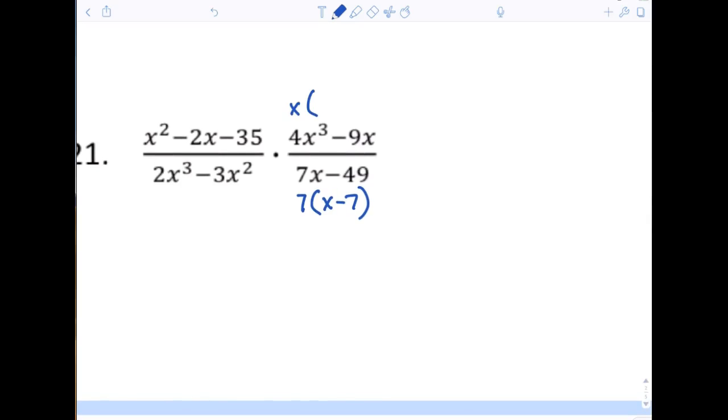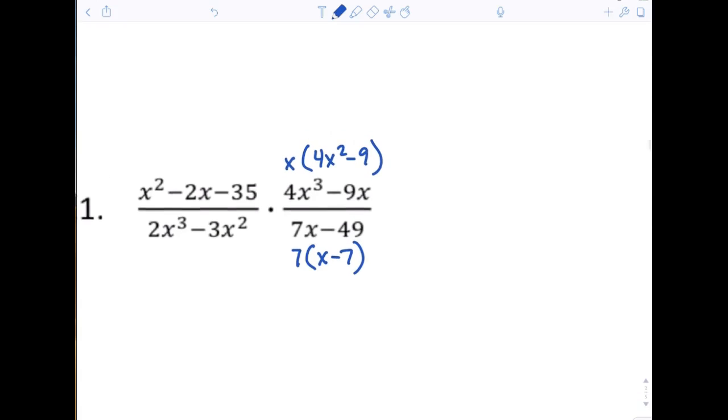So x parentheses, what's left? 4x squared minus 9. Okay, so now you have to be careful because 4x squared minus 9 could actually what? Factor. That breaks down more. Thank you. All right. So I have x and then 2x plus 3 and 2x minus 3. And then I cross that out because I don't want to accidentally cross something out twice. Anybody have any issue with that?